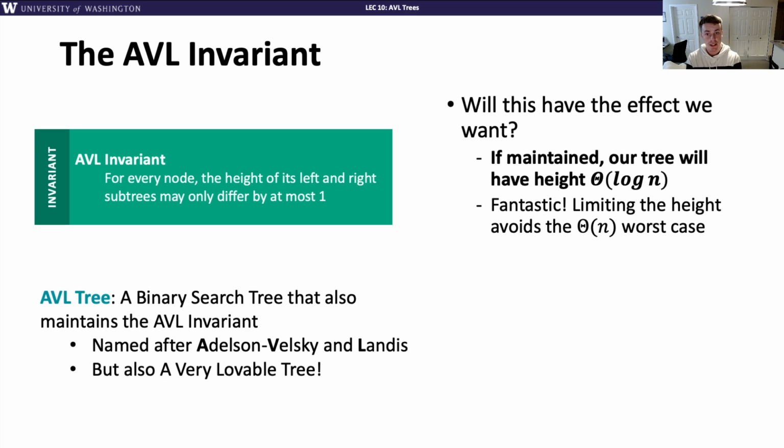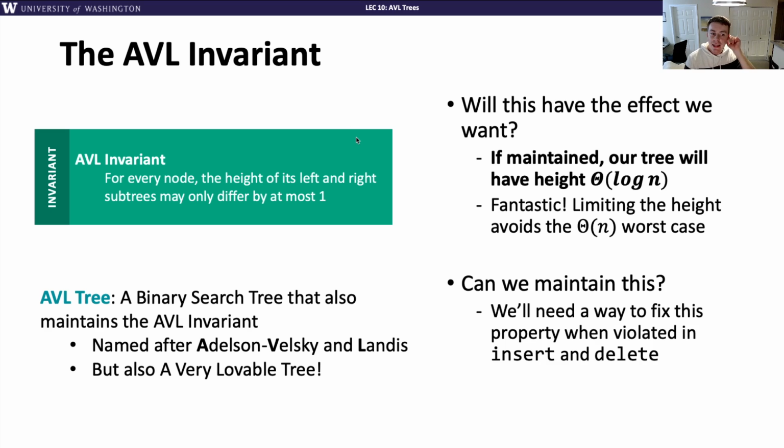If your invariant holds here, then your tree will have logarithmic height, which is fantastic news because limiting the height avoids that theta of n worst case runtime. So this is exactly what we wanted here.